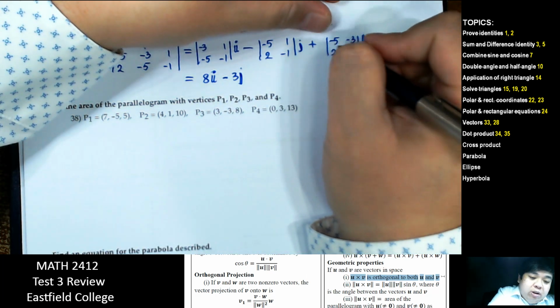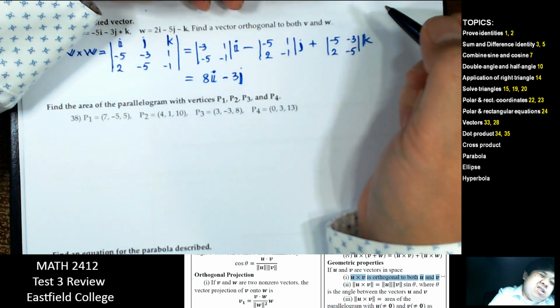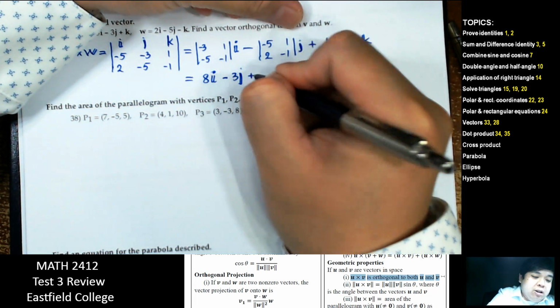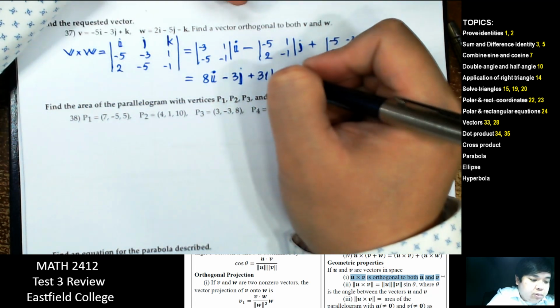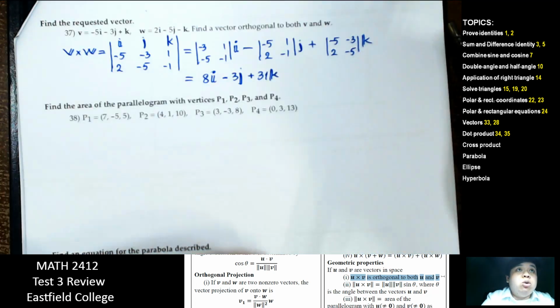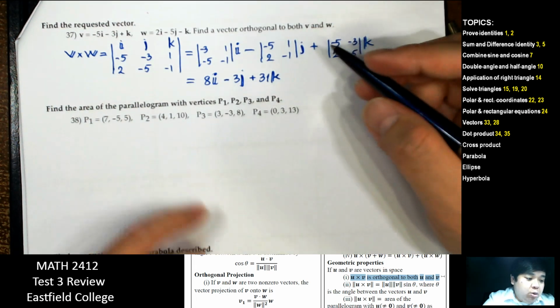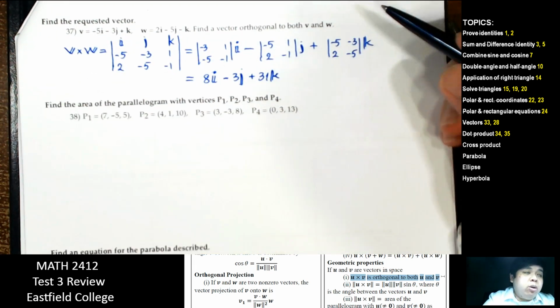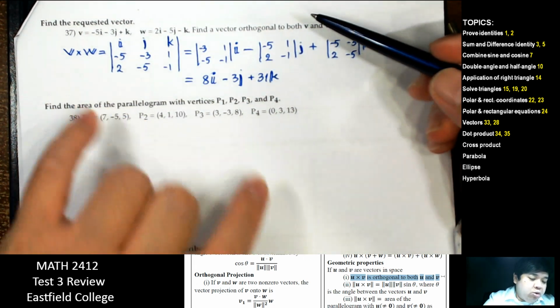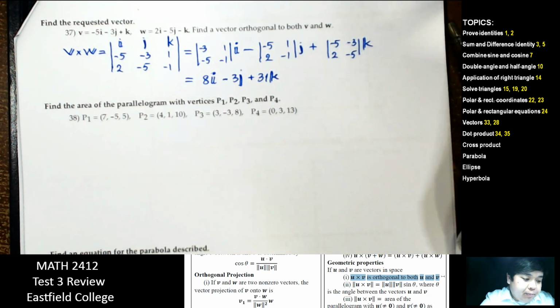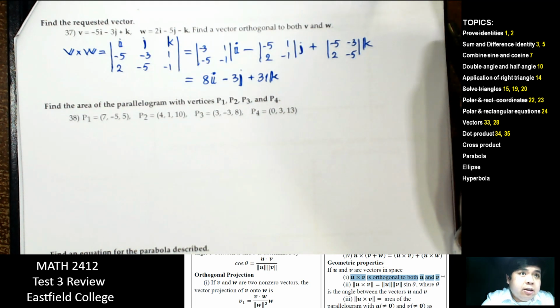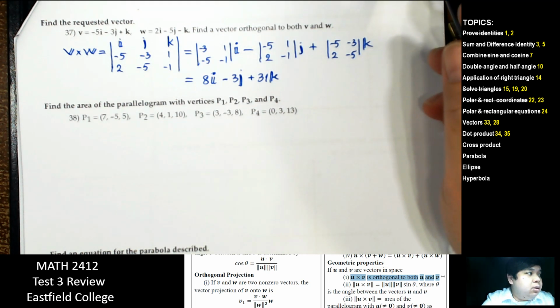And then 25 and 6, 31. Okay. So the cross product is orthogonal to both. We can also do w cross v or v cross w here. It doesn't matter.